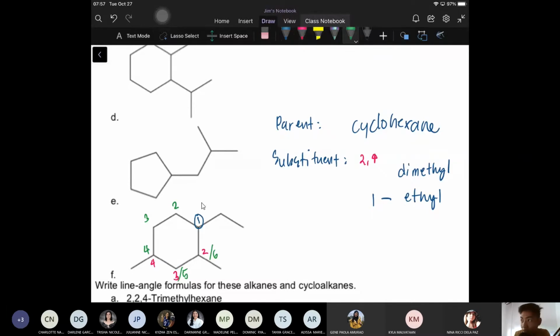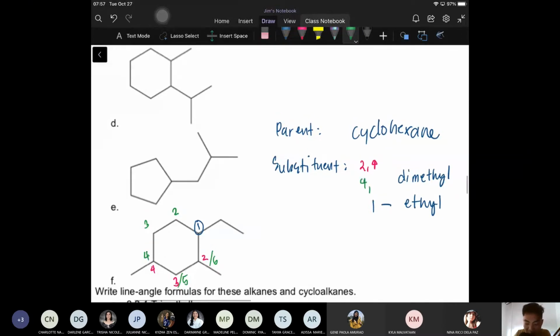If I number my ring in a counterclockwise fashion, ang magiging number ng aking substituent will be 4 and 6, no? So, which of the two is better?